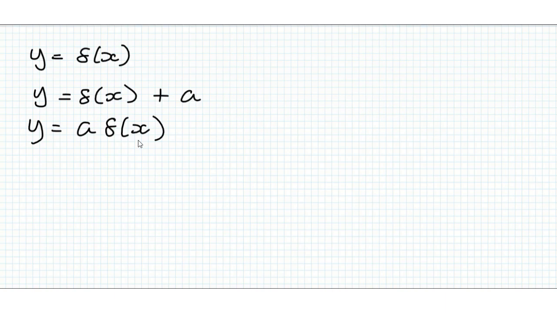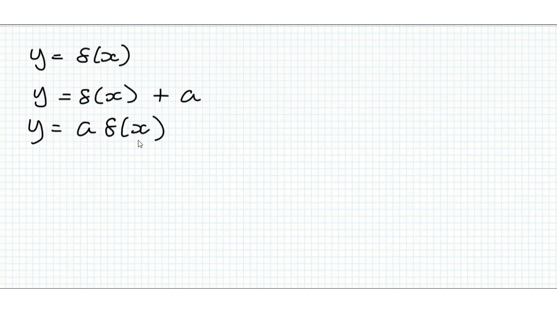Alright, if a is a half, then they're going to get half as big, right? The whole graph is going to stretch in the y direction by a multiple of a, okay? So we're going to get a stretch in the y direction of magnitude a. And again, that still applies if we're negative, just if it's negative, it's going to flip the graph over.